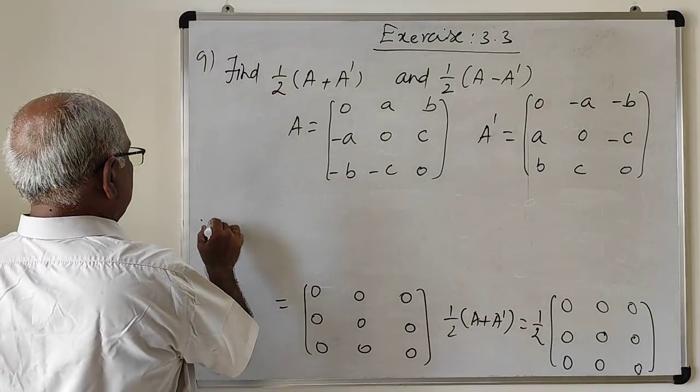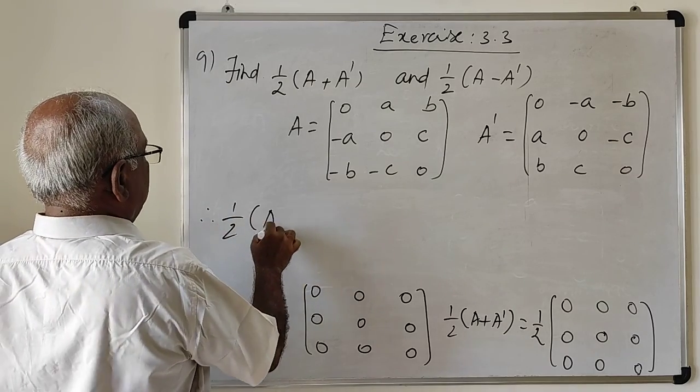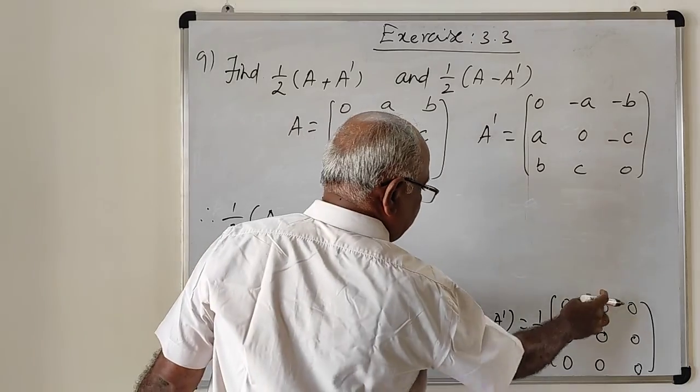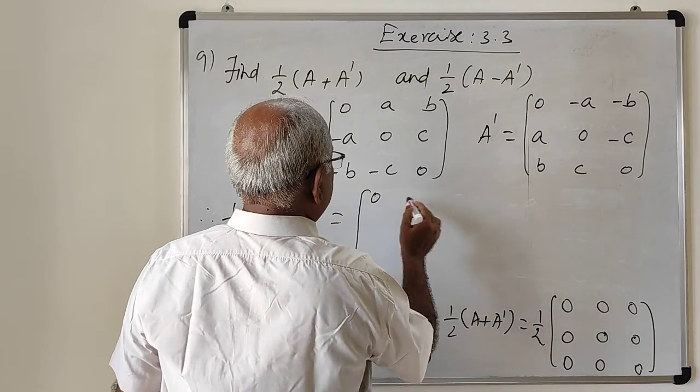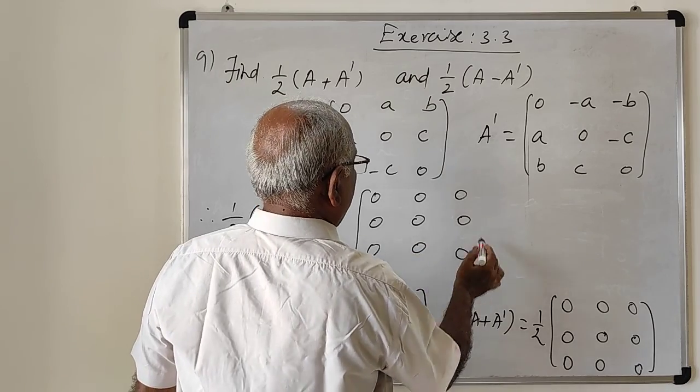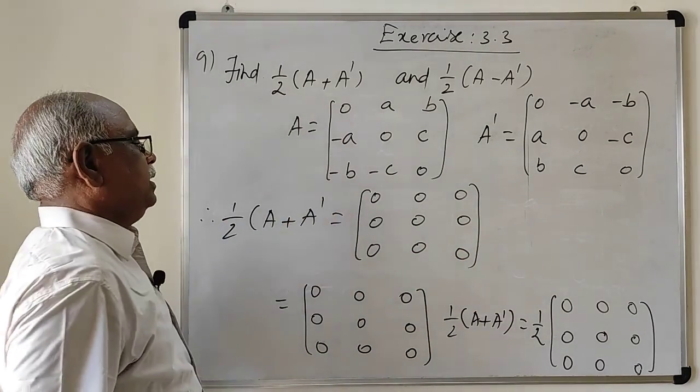Therefore, half into A plus A dash, multiplying each and every element by 1 by 2, is nothing but the matrix of all zeros: 0, 0, 0, 0, 0, 0, 0, 0, 0.